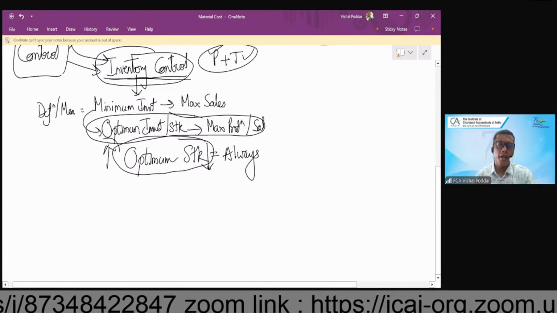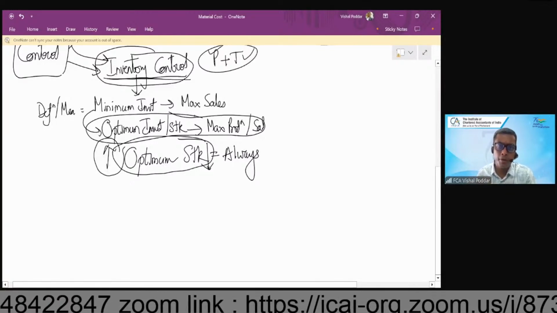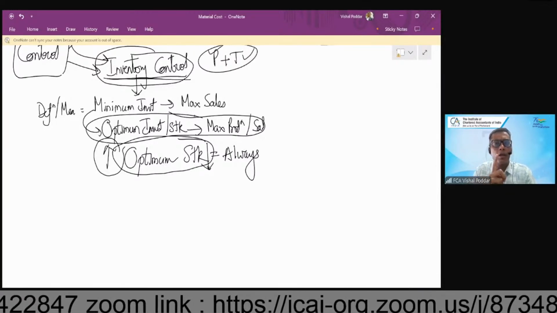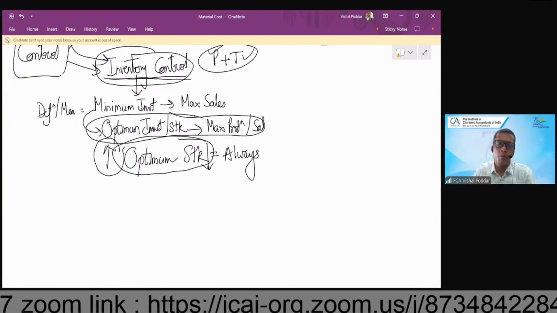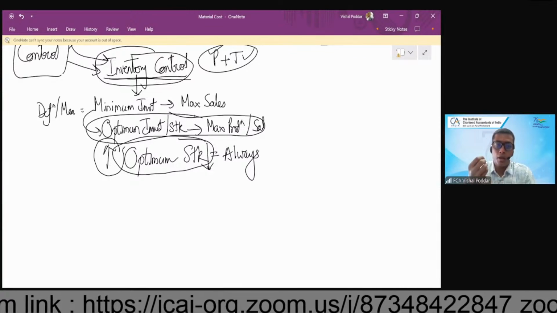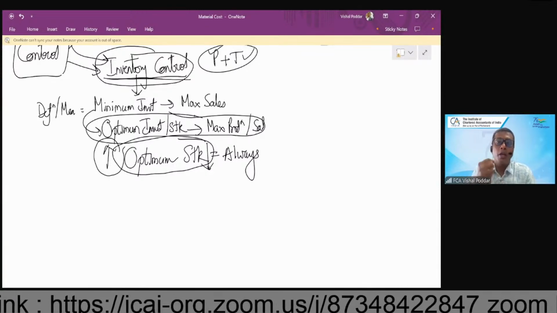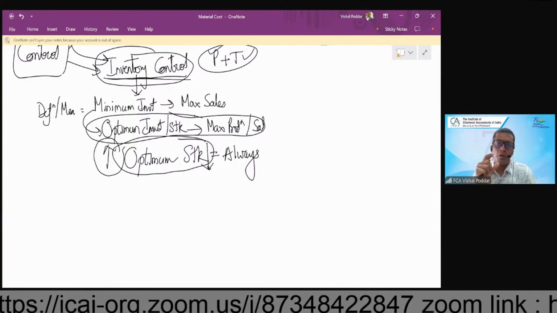If you carry anything which is unnecessarily excess in stock, what will happen? There is a possibility it may be wasted either because of deterioration in quality because it would be stored for a longer period of time, or there may be theft. Similarly, the more you keep in stock, the more is your money blocked, which affects your working capital.